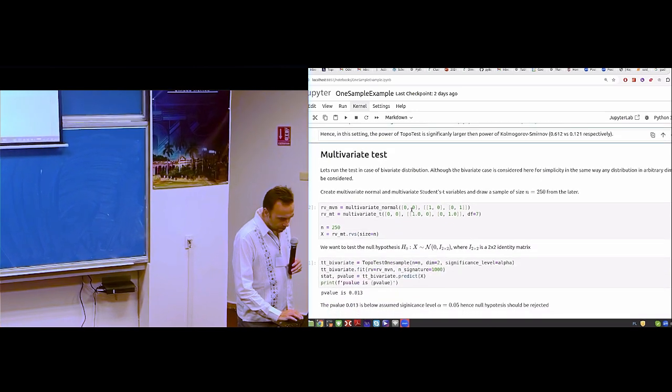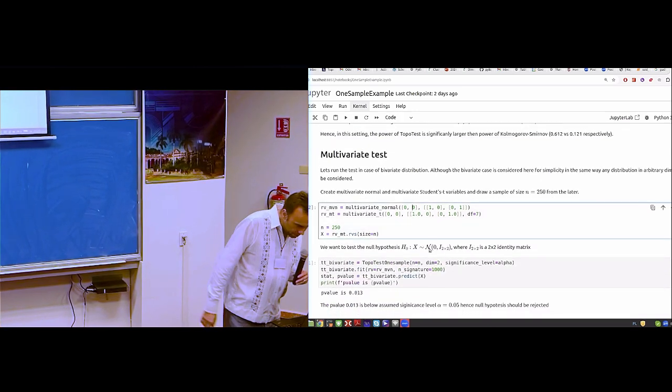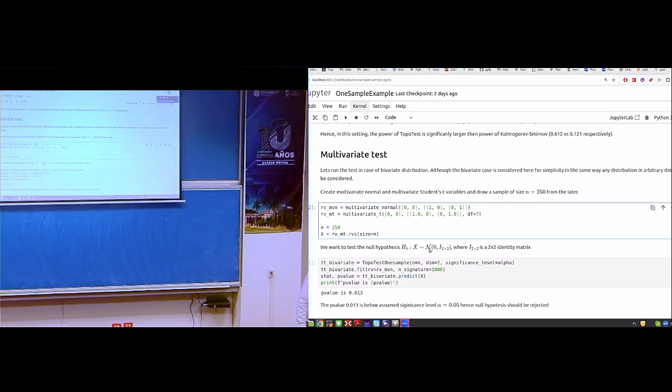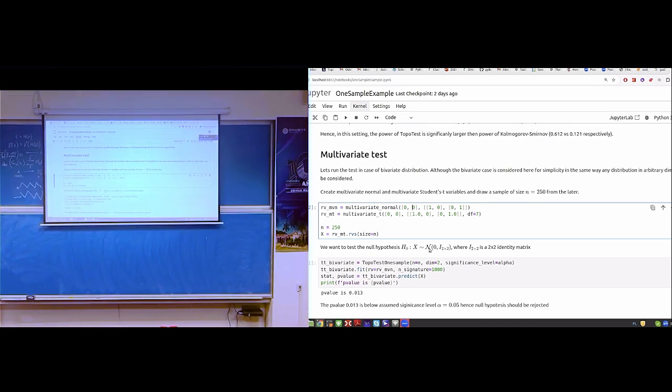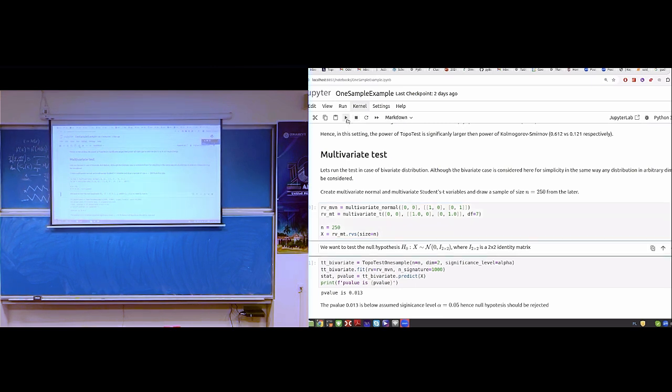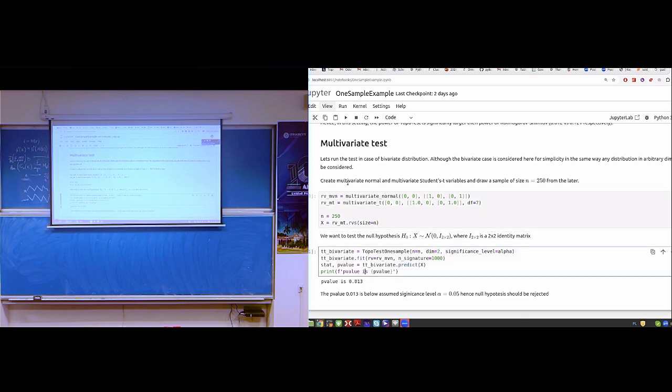But then we can again go to the higher dimensions. So over here we have a normal distribution centered at zero with diagonal covariance matrix, 250 points. And then we have a multivariate t with 7 degrees of freedom.